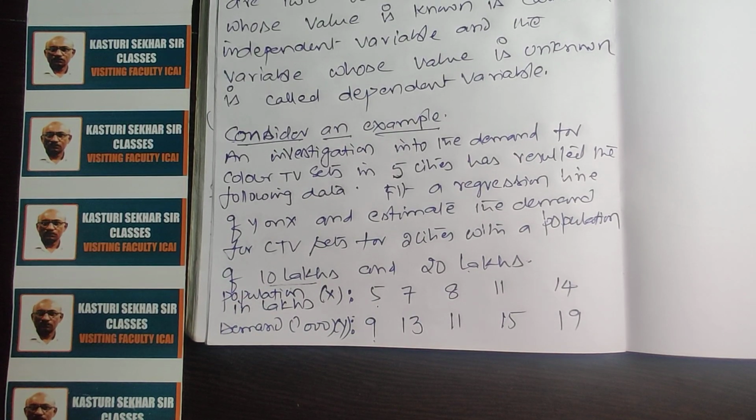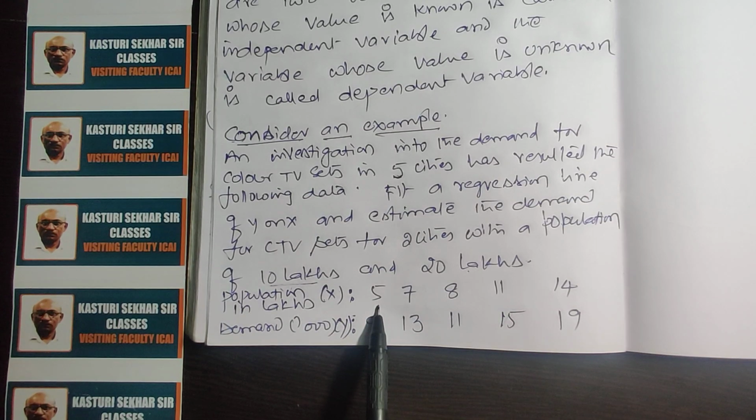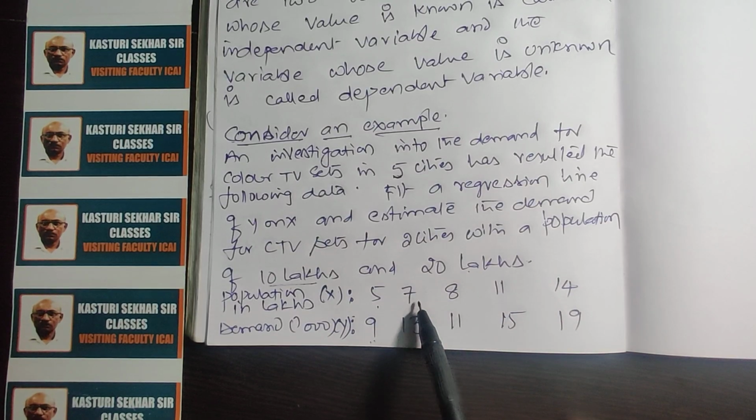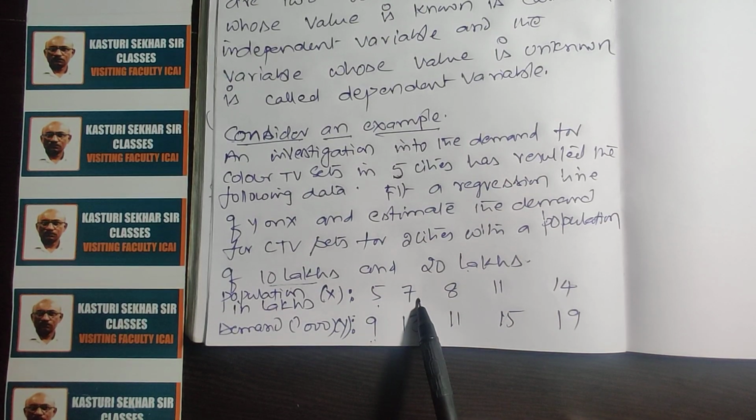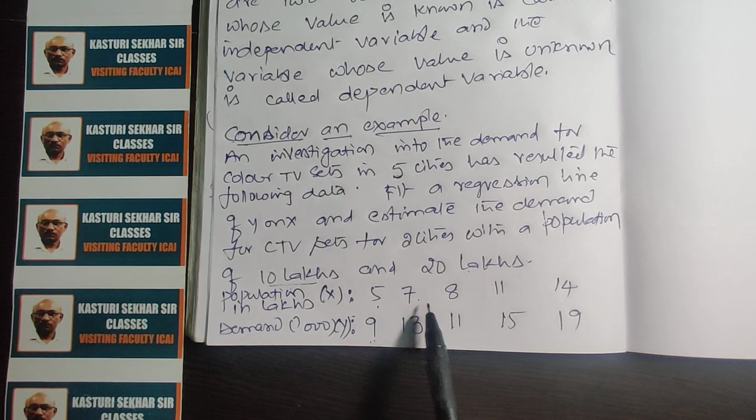Similarly, for a population of 7 lakhs in a city, the demand for color television sets is 13,000. This way, the numerical numbers are interpreted.